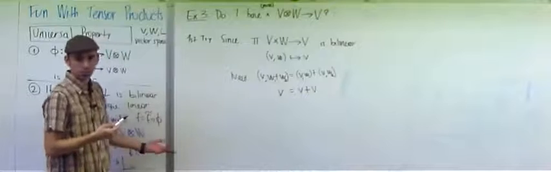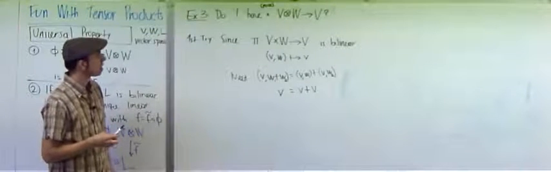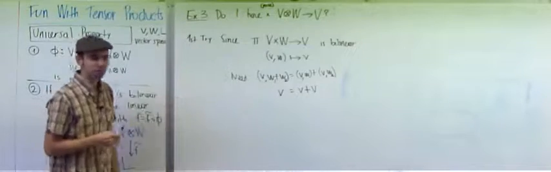But this is V, and this is V, and this is V. And that's not true, unless V is 0. That's why I said first try, because this is a failed try. So this is not bilinear.